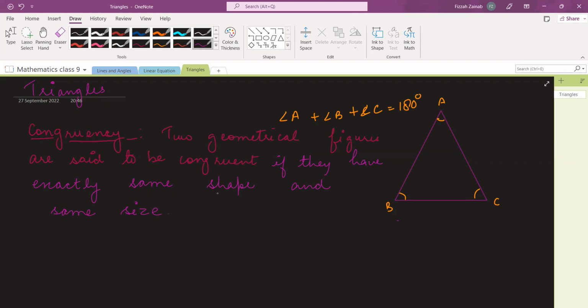So you can underline this: same shape and same size. So these two are important words here.